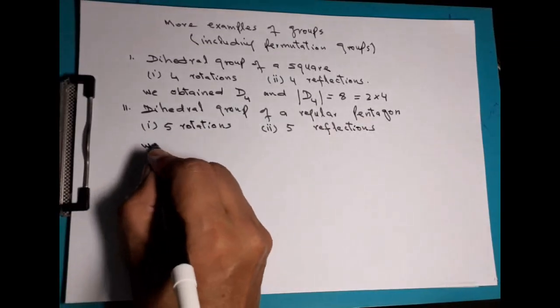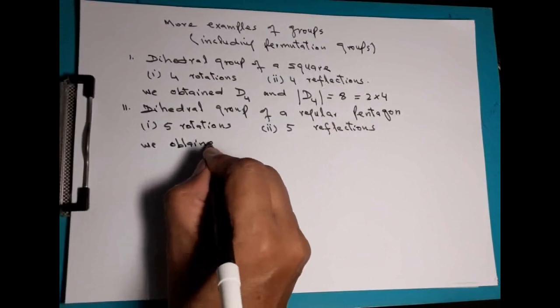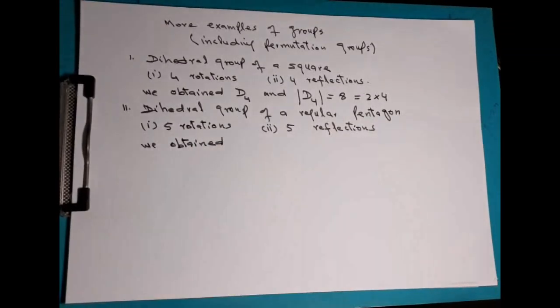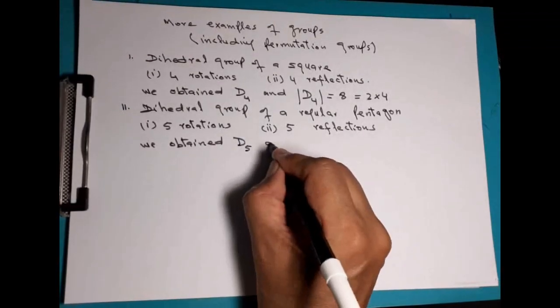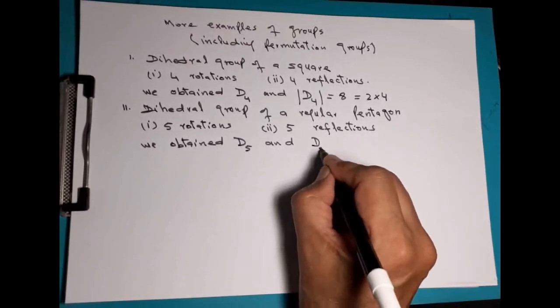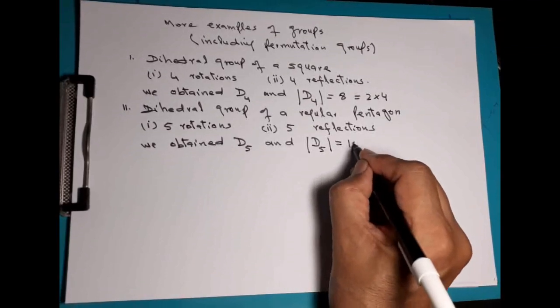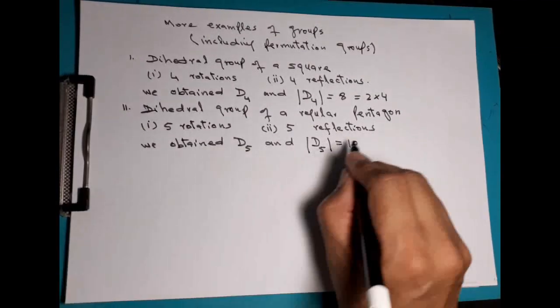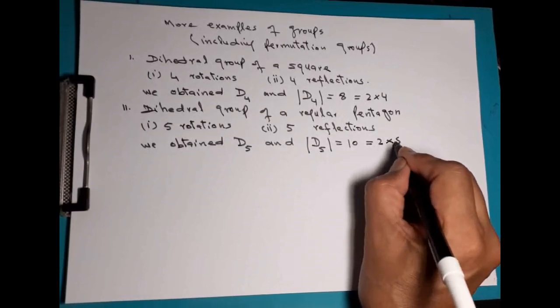We obtained the dihedral group of a regular pentagon and we denoted it by D5 and noted that the number of elements in D5, or the order of this group, is equal to 10. That is 5 rotations, 5 reflections. This is equal to 2 multiplied by 5.